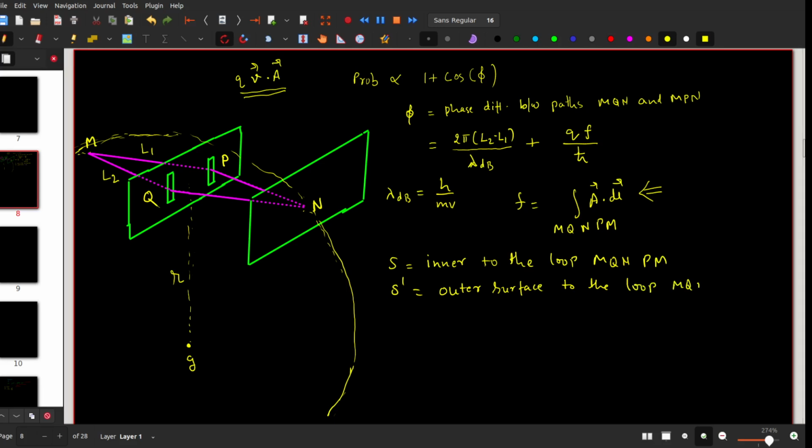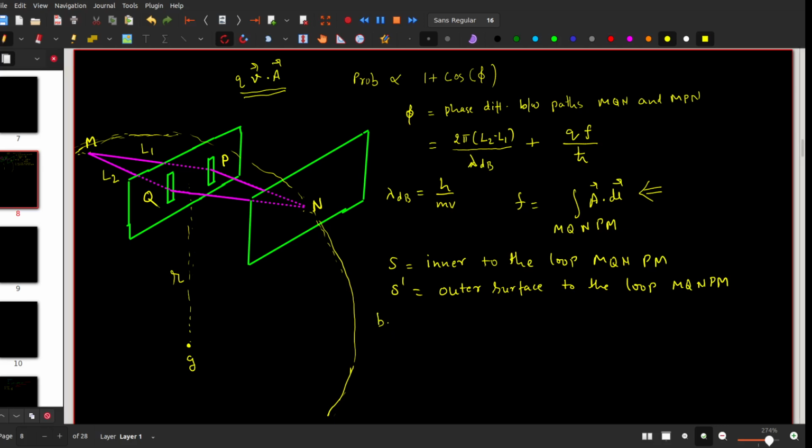This surface will have a negative orientation, and both these surfaces S and S prime have M, Q, N, P, M as their boundary.